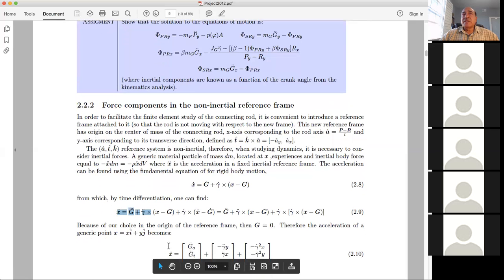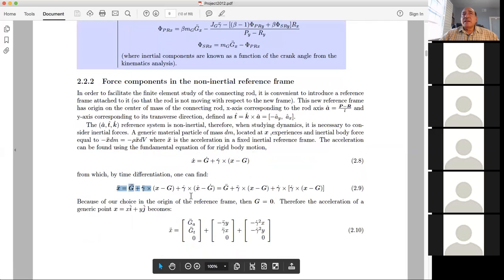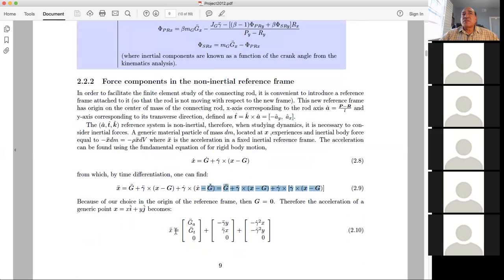Then you move from vectors to components: x double dot has a component in the x direction, the y direction, and the z direction, with all zero in the z direction, but you have x and y components. And equation 2.10 gives us the acceleration components of the connecting rod at its CG.